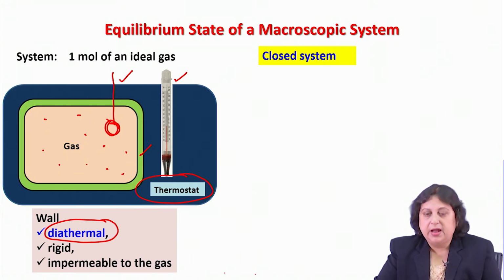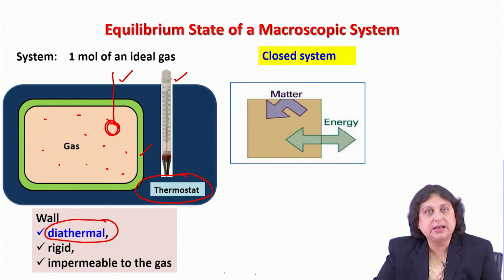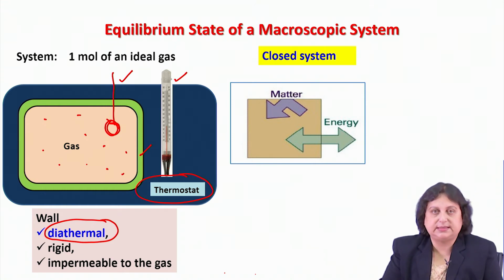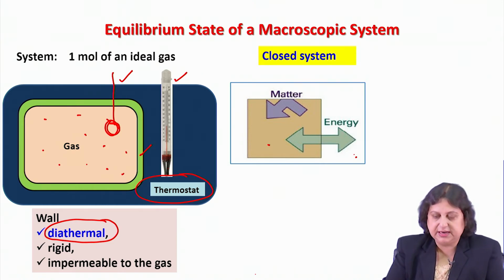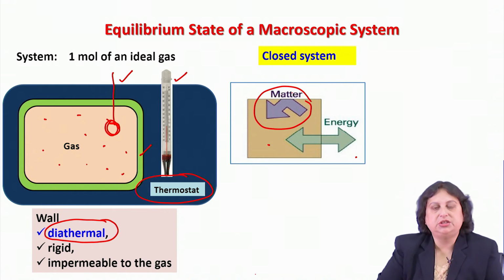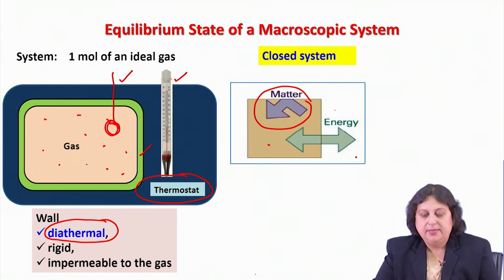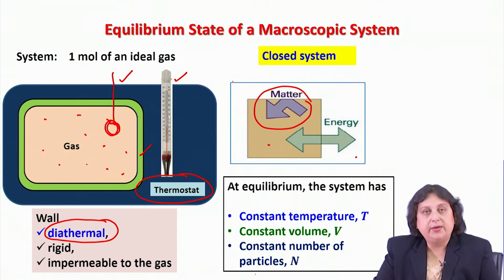And therefore, I can say that this is how the exchange of different quantities would look like in a system like this. So now energy can be exchanged between my system and the surrounding constituted by the thermostat, but no volume will change and there will be no exchange of matter. Therefore, when the system attains equilibrium, what would I get?